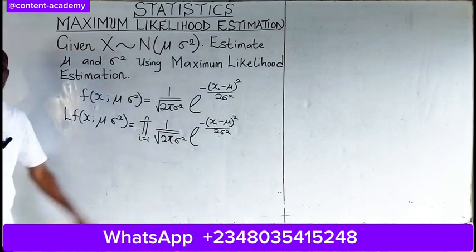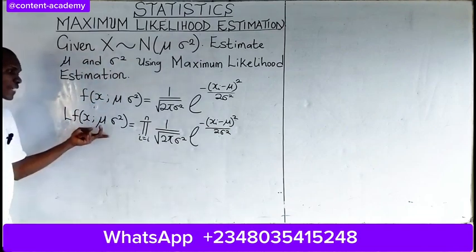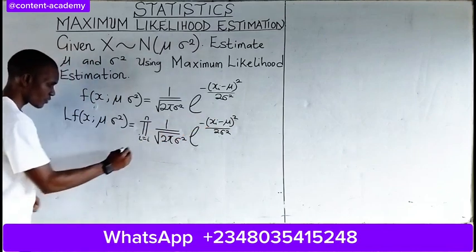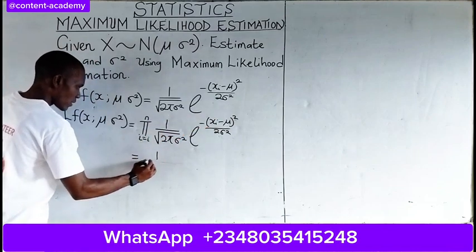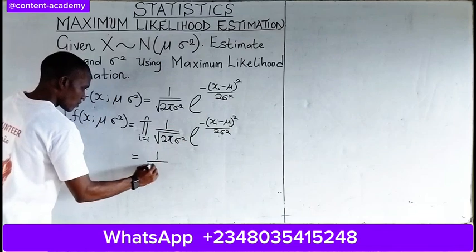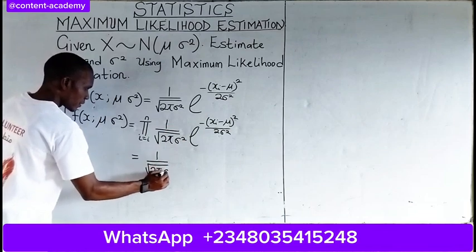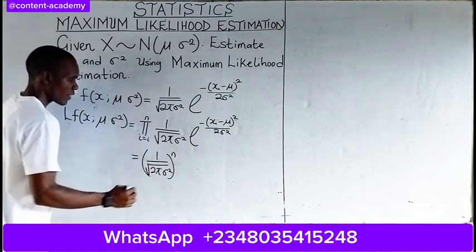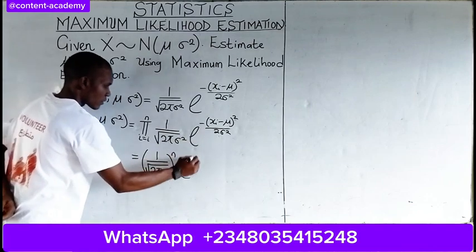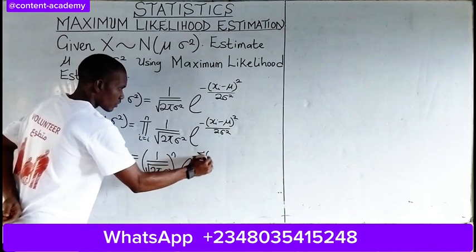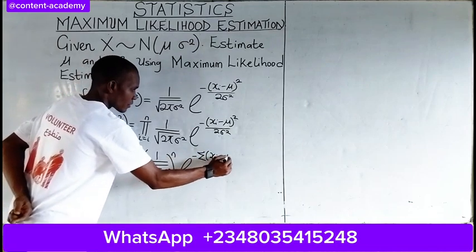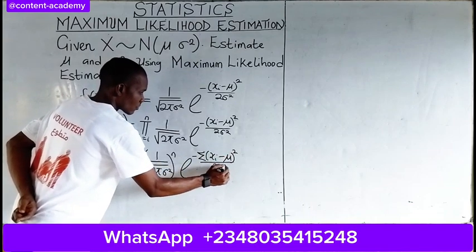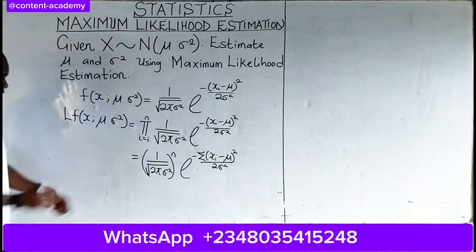The likelihood function can be written as 1 all over, since this is a constant, 2 pi sigma squared all over raised to the power of n, exponential negative summation (xi minus mu)^2 all over 2 sigma squared. So this is what we get.